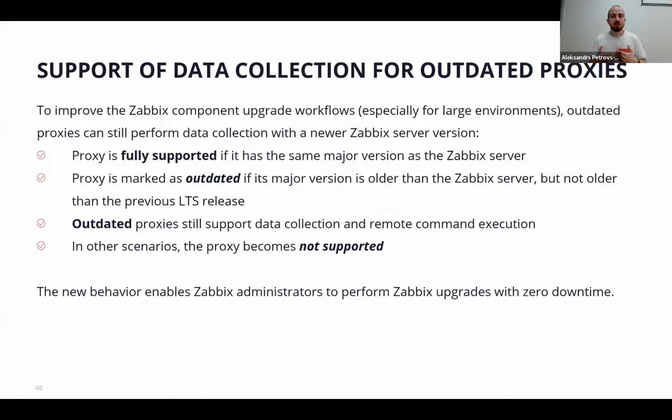This means we needed to plan: if I upgrade my Zabbix server to 6.4, then I will probably need to upgrade all my proxies to 6.4. But not in this case. Now the data exchange between the Zabbix server and a proxy is backwards compatible.